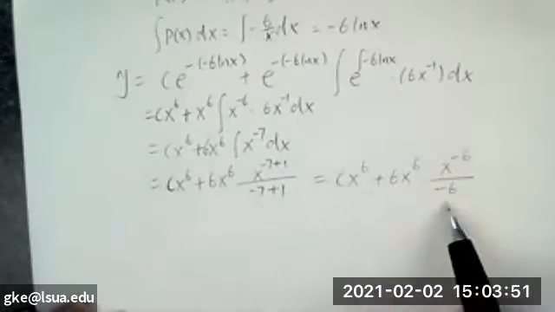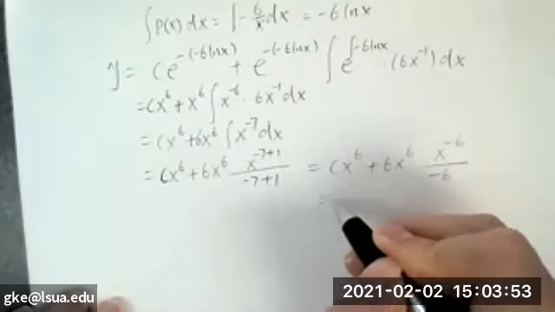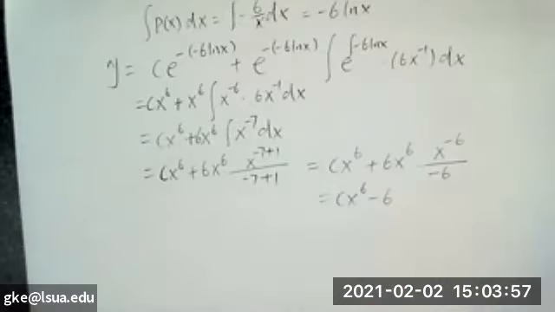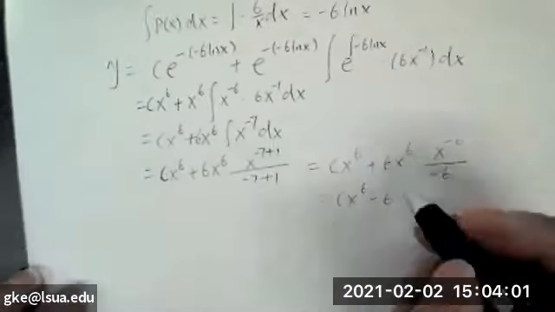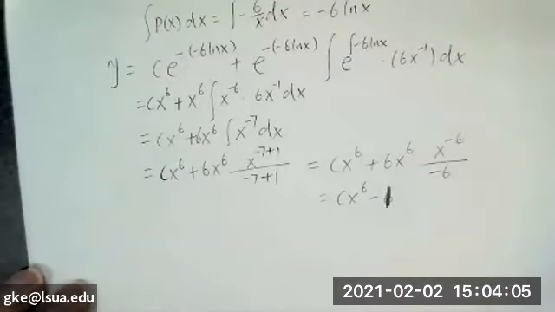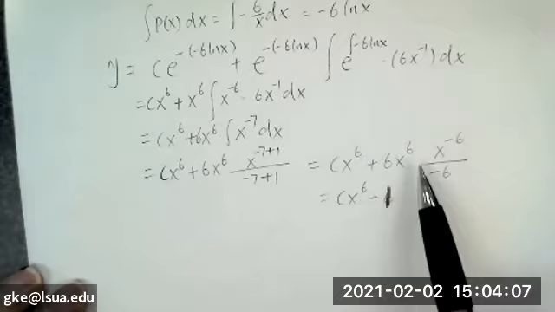Right? Cancel out. Okay. We got this one. Very good. 6 cancel out. Right? Should be a -1.